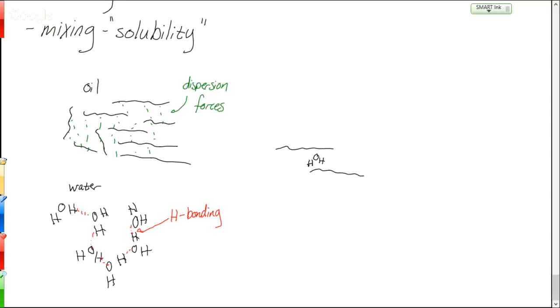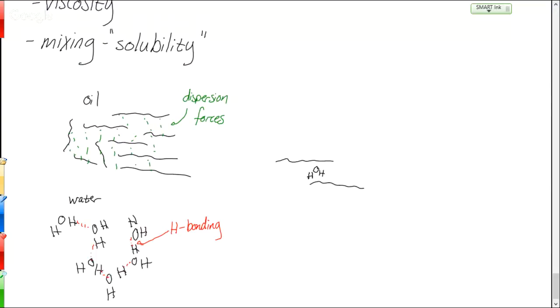That's what we see here. The oil molecules stay connected through their dispersion forces, and the water molecules stay connected through their hydrogen bonding.